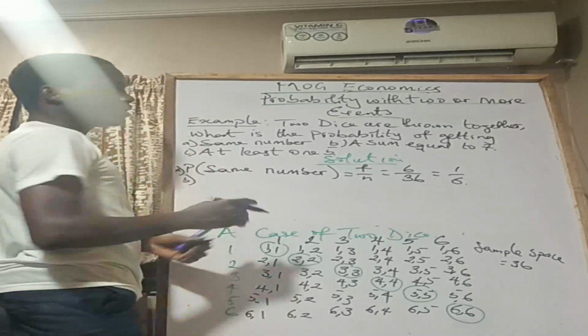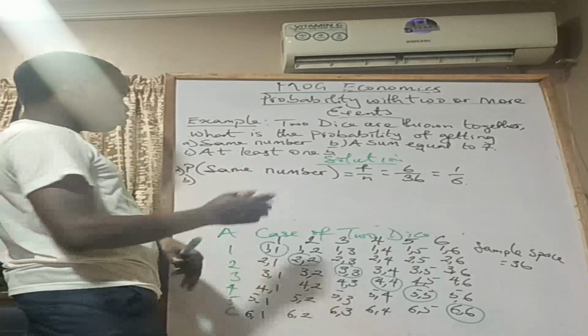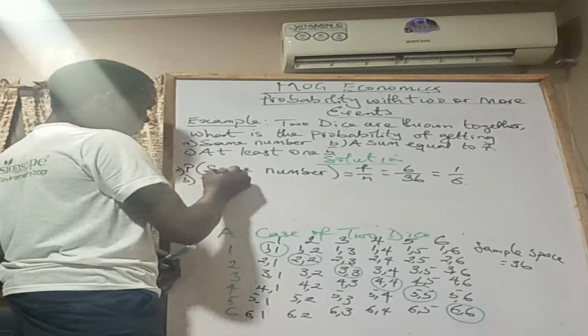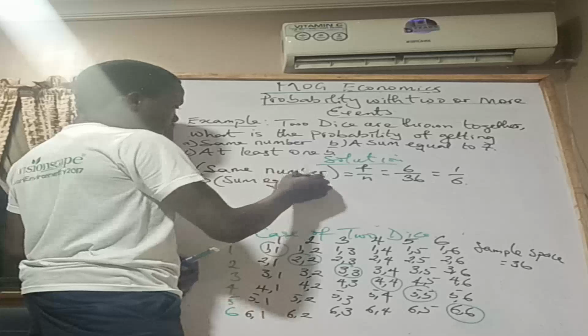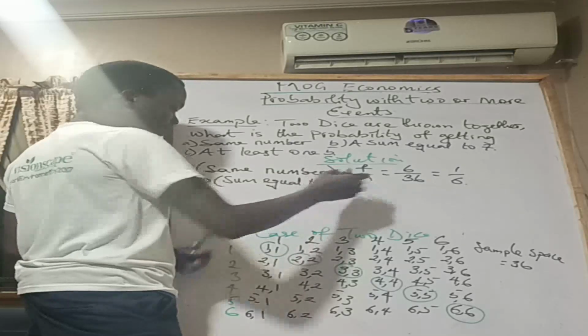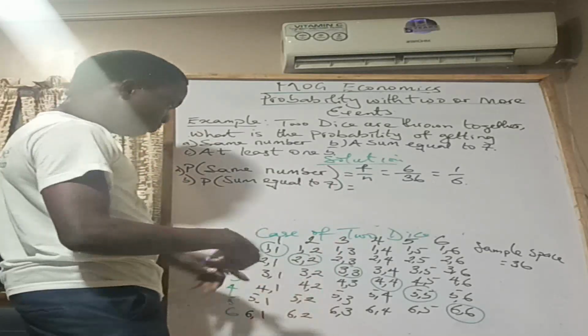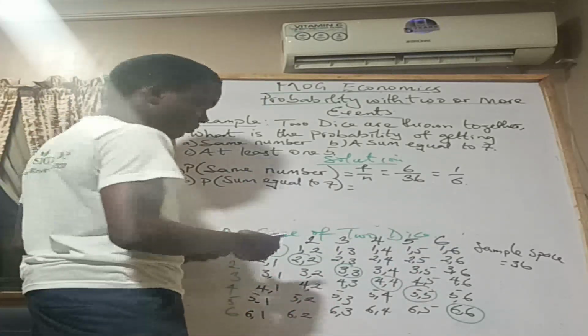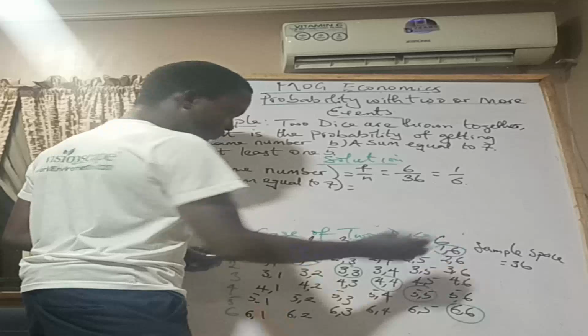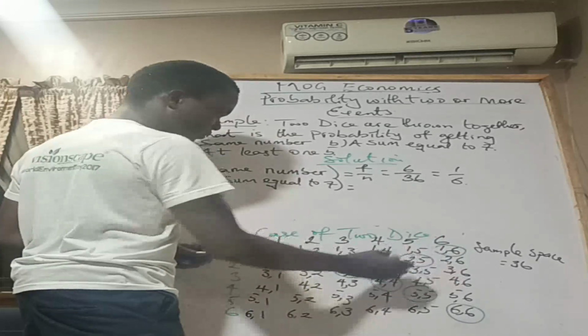Then B, what is the probability of getting a sum equal to 7? Now let's look at it. 1 plus 6 will give us 7. 2 plus 5 will give us 7.